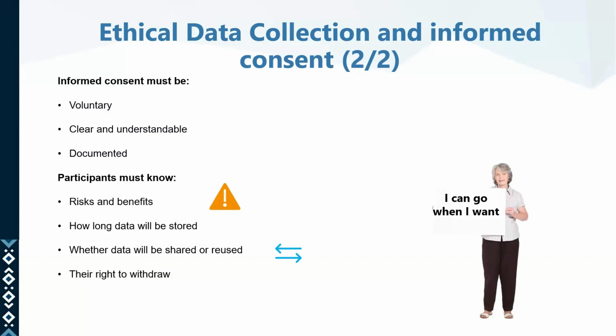By providing participants with detailed information about the study, researchers empower them to make informed decisions regarding their involvement. It's also important to make the participant know about the risks and benefits they will experience in the study, after they have given their agreement to participate in the study.